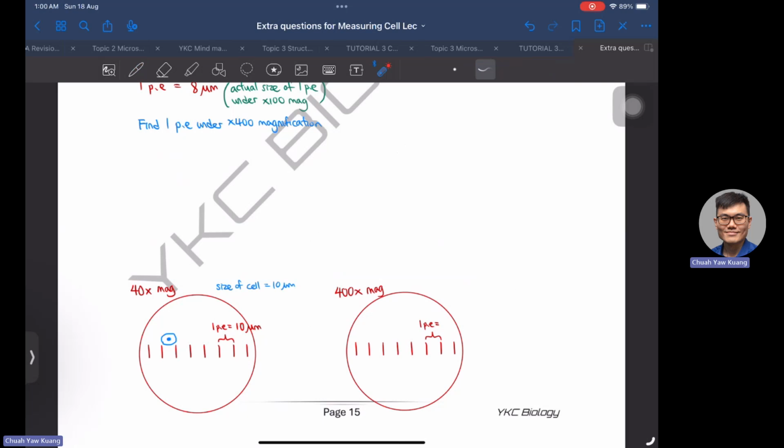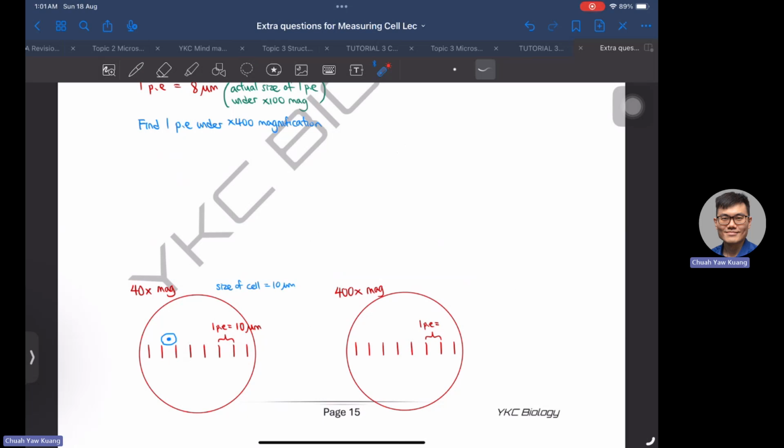Under the 400 times magnification, the eyepiece reticule is still the same size. It won't change. That's why we say the image size of this eyepiece reticule is still the same. Only the stage micrometer and the specimen will change in size. They will enlarge when we increase the magnification.